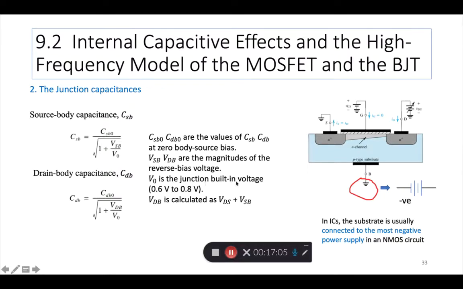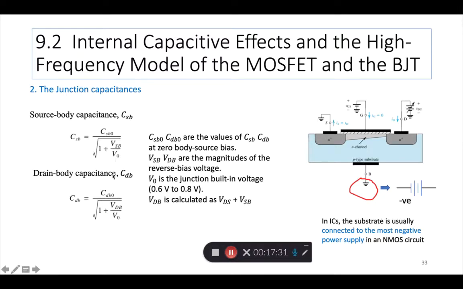V0 is a junction built-in voltage, which you know from the chapter on semiconductor physics. As soon as you put an N-type and a P-type doped silicon area next to each other, a certain voltage naturally happens between the two. That's called the junction built-in voltage, and that tends to be 0.6 to 0.7 volts.